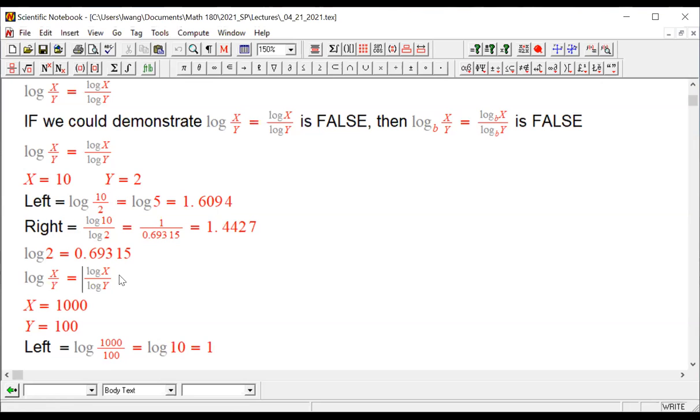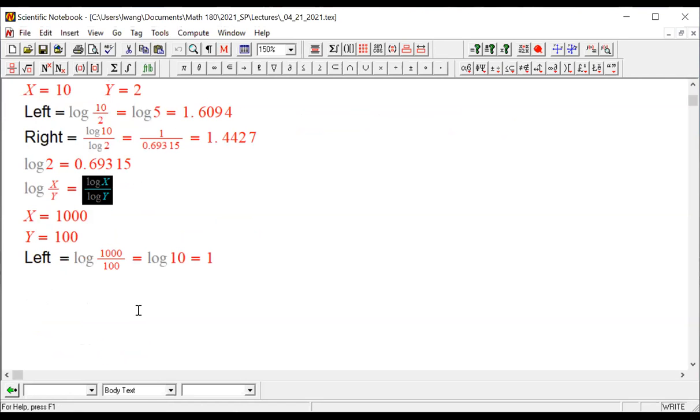Think of the properties we have learned. Over here, you're going to have log 1,000, and here log 100, and you do this separately. So this is 3 and this is 2. Obviously 1 is not the same as 3/2, right?